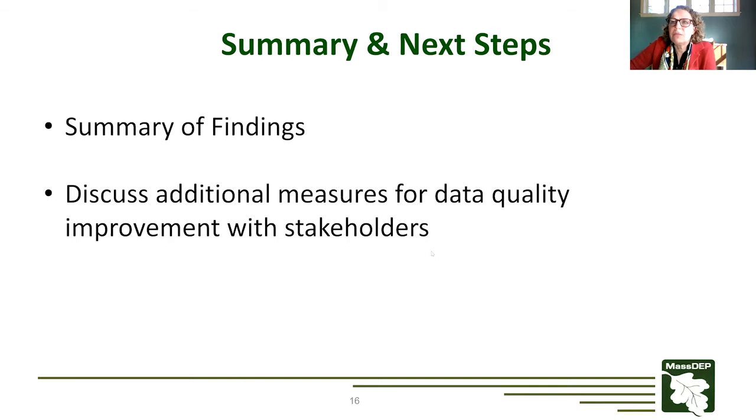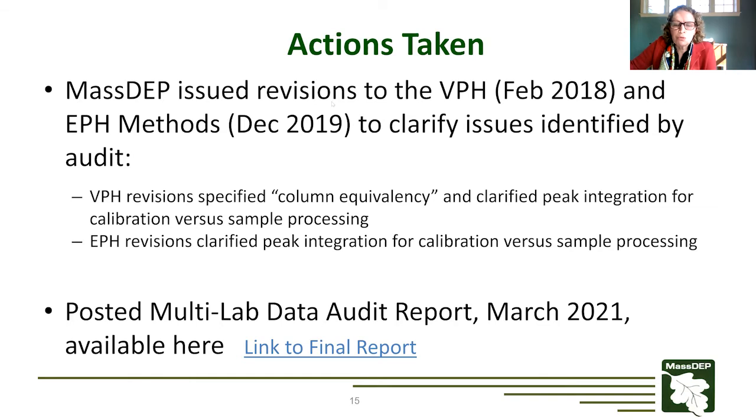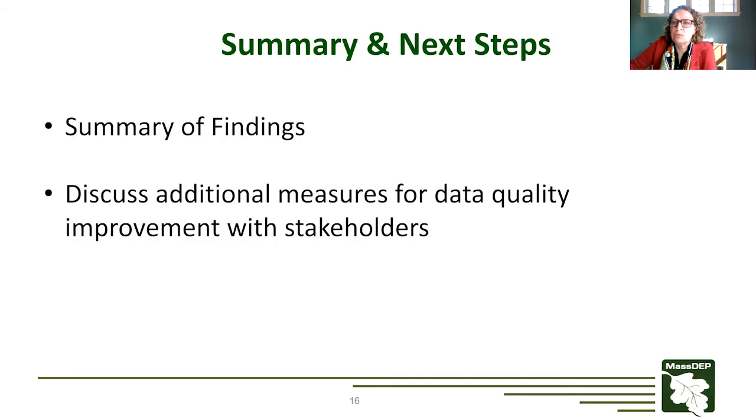As you heard from Ken, the findings indicated that the labs generally have a good understanding of the TO15 and APH methods, and following the procedures and CAM requirements for those methods. But more issues were found in terms of frequency and potential to affect accuracy with the EPH and VPH methods.